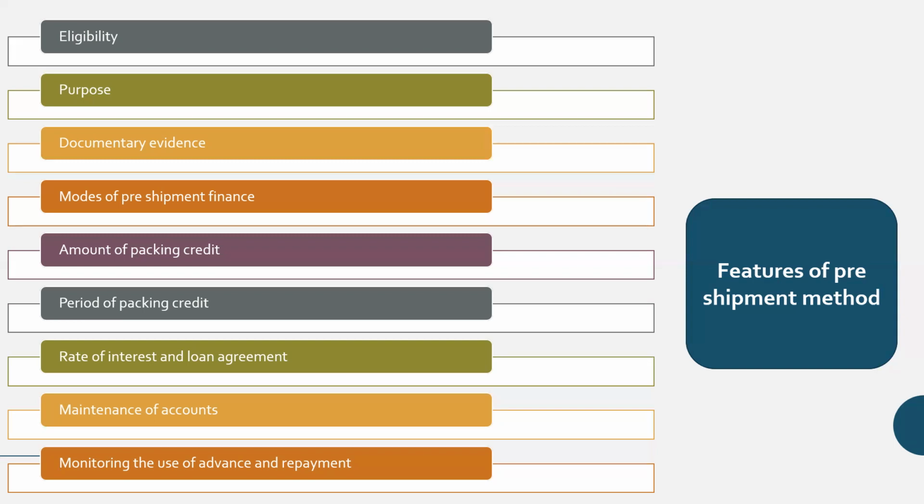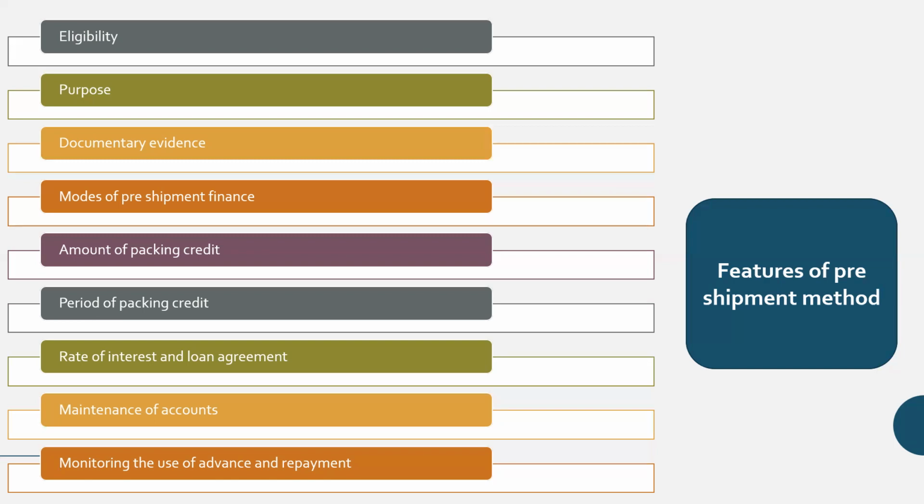Then we have a rate of interest that will be charged. Again, the rate of interest keeps on fluctuating. A rate of interest to the small scale traders and the IT sector will vary. So we will not focus and specify on a particular interest rate that they will be charging.